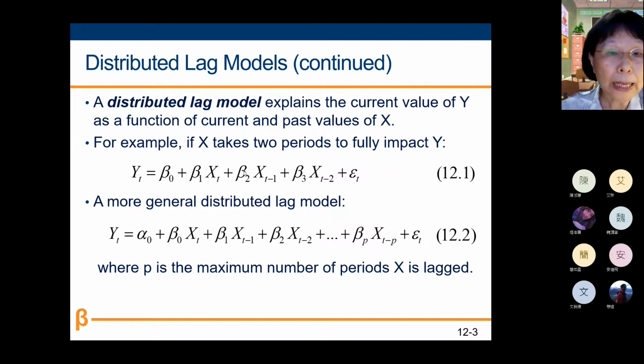But now I have beta x_{t-1} and x_{t-2}, meaning I have 2 lags. Therefore, my independent variables increased by 2: one is x with t-1 and x with t-2. Therefore, in equation 12.1, I have 3 x variables, with 4 estimations, beta 0 to beta 3.